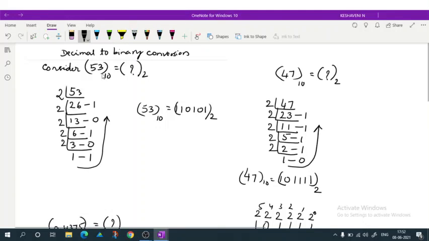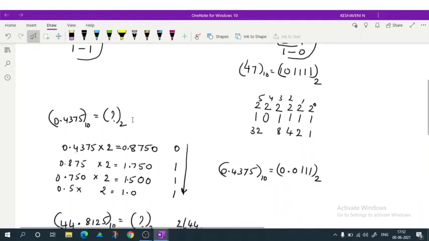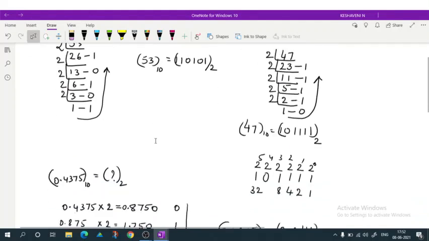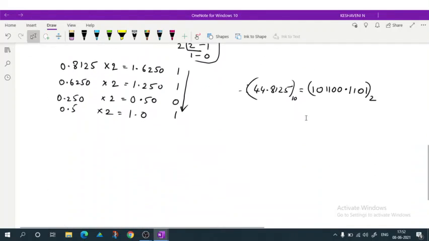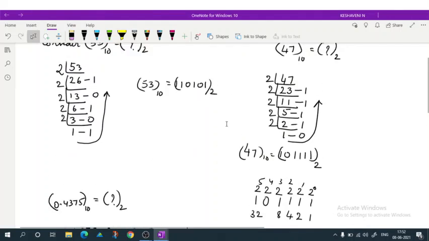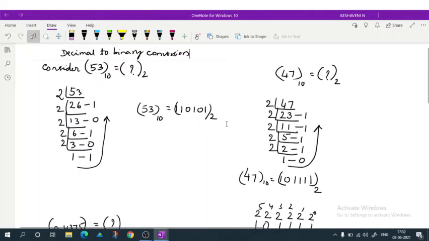In this decimal to binary conversion, before the fraction point you have to divide by 2. After the fraction point you have to multiply by 2.